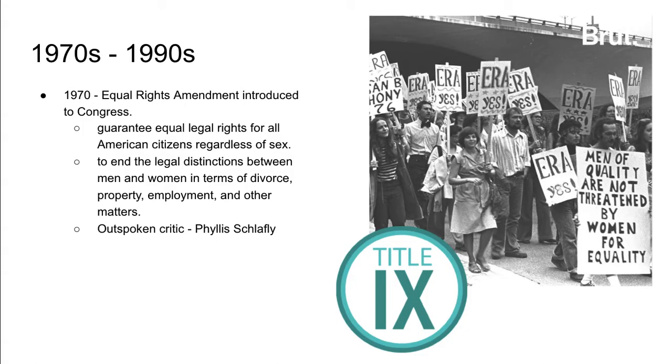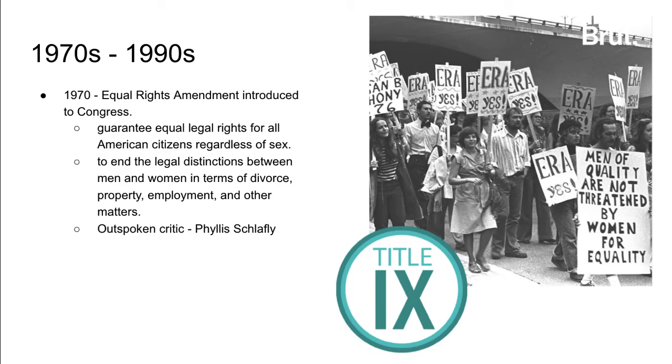Someone whose name is always going to be brought up when we talk about the Equal Rights Amendment is Phyllis Schlafly. She was known for being an outspoken critic against the Equal Rights Amendment, and she organized the group called Stop ERA. STOP was an acronym for Stop Taking Our Privileges. Phyllis was known for being conservative, trying to run for Congress a couple of times, but really being involved with the Republican Party.